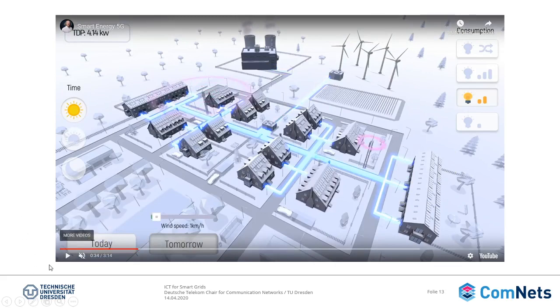Now, let's talk about the scenario of tomorrow. What do we envision for the grid of tomorrow? Thanks to an ultra reliable and low latency communication system, you can see it by these circles expanding here, the entire grid becomes synchronized.